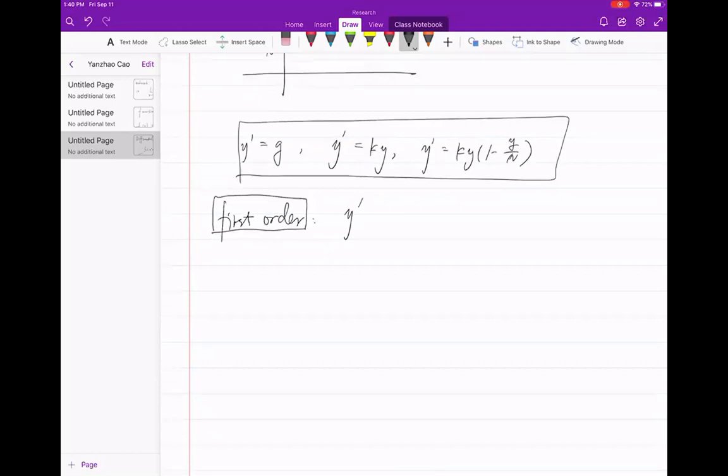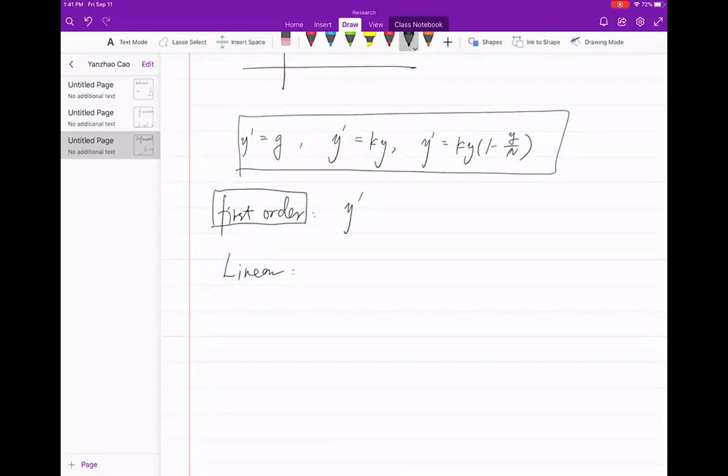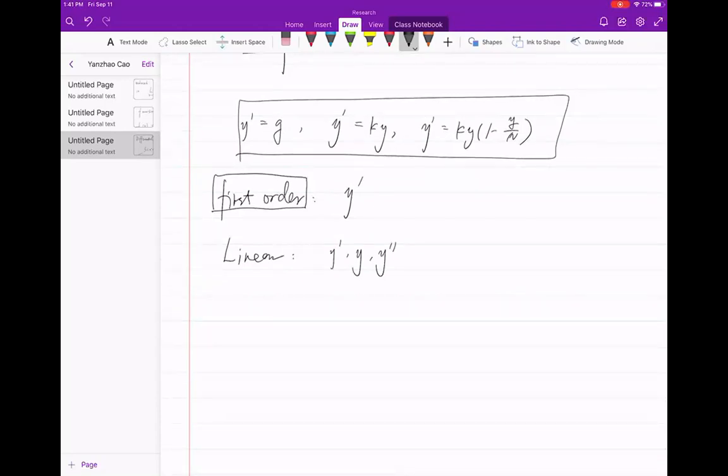Anything else you notice they have in common? Actually, they don't. Okay, I take it back. The second thing is called linear. Linear basically means you have y prime, you have y. Maybe later, even if you have y prime prime, they are combined in a linear fashion.